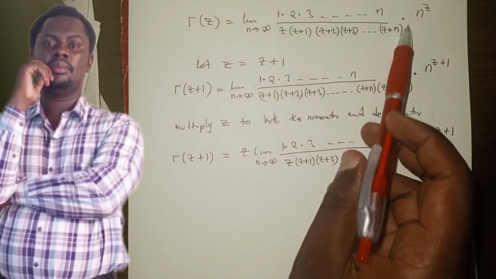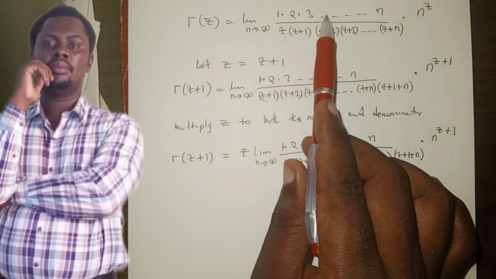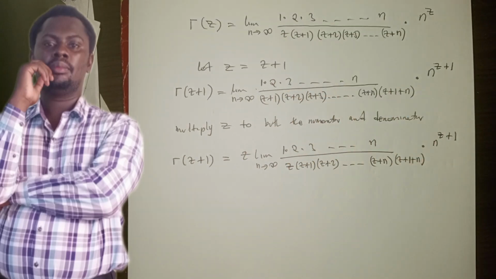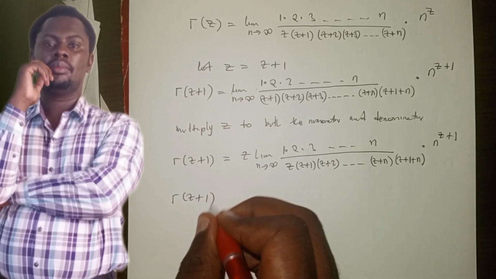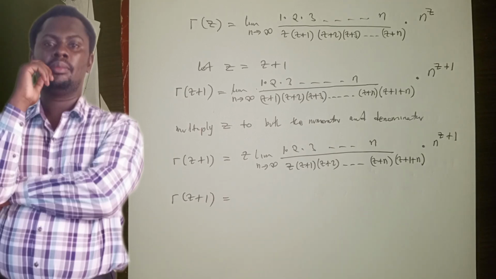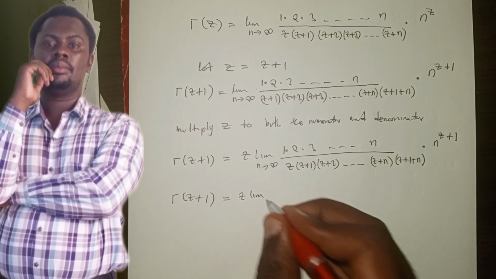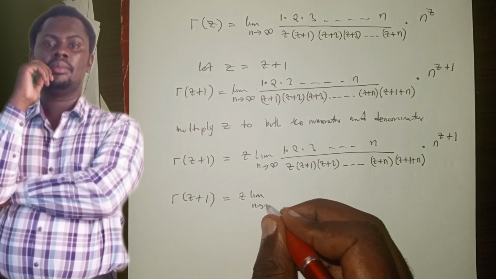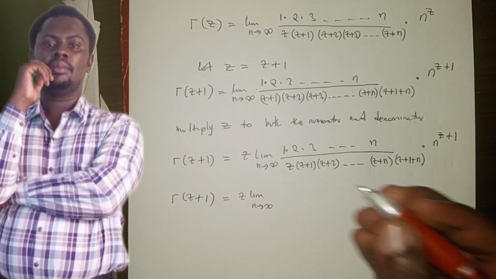So gamma of z plus 1 is equal to z, limit as n approaches infinity of the product.